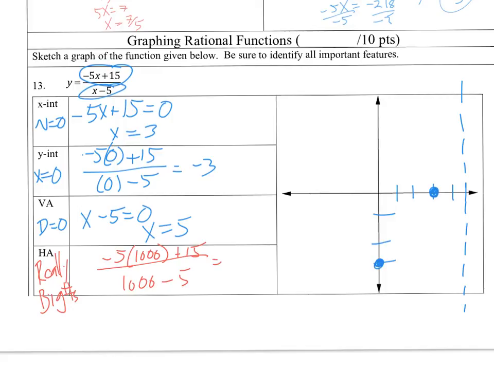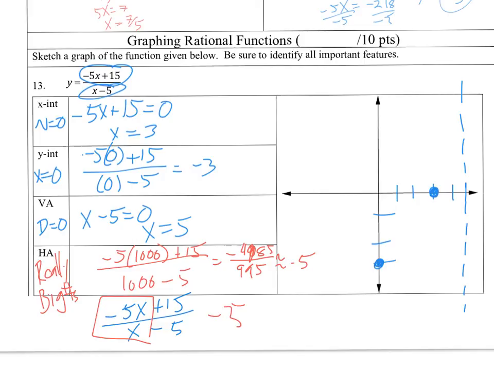So that's going to be -4,985 over 995, which is pretty much -5. As an alternative, if you take a look at the x terms, noticing that they're of the same degree, you can kind of just divide them to get what happens at the end. So -5x divided by x is going to be -5.